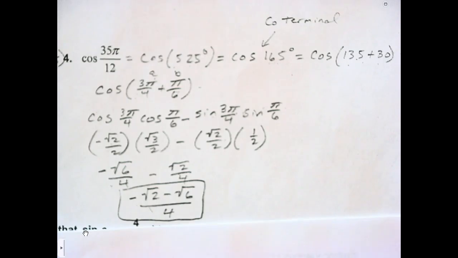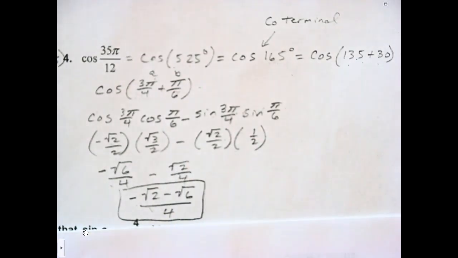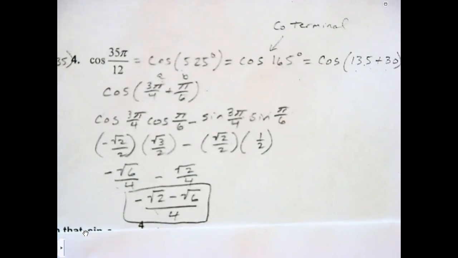Now how many got that answer? What are some different strategies? Actually, before we do that, what are questions on this? Okay, so what are some strategies you used then? Yeah. We did 480 and 45 degrees. 480 and 45? Okay.